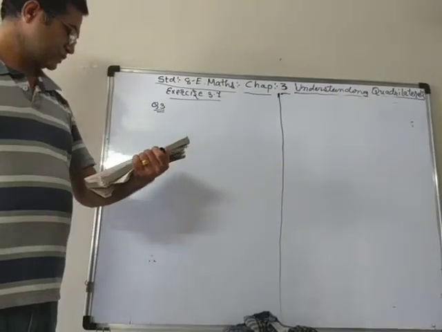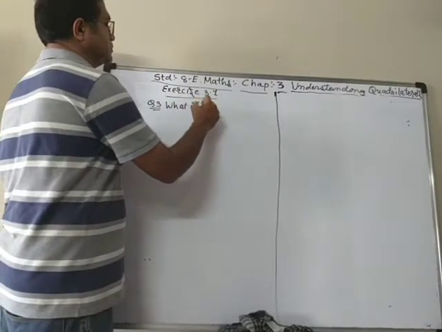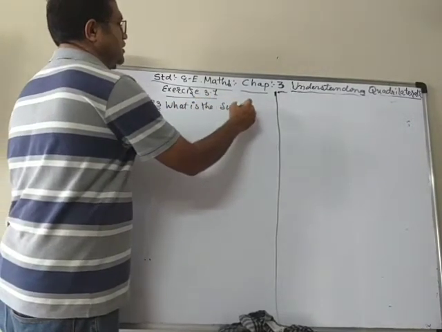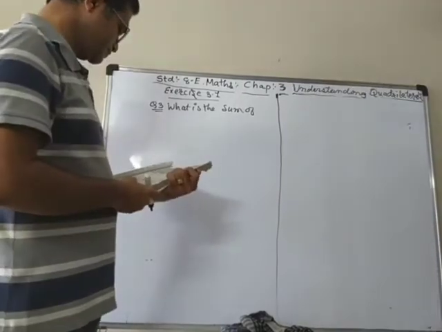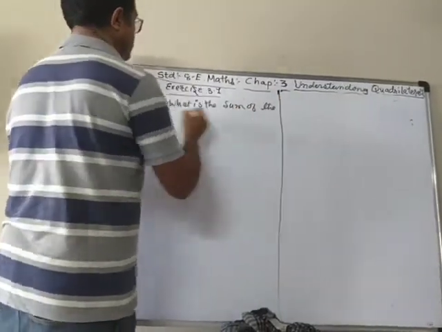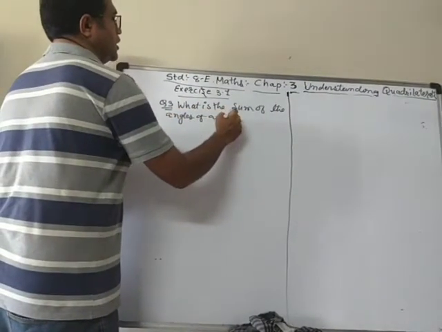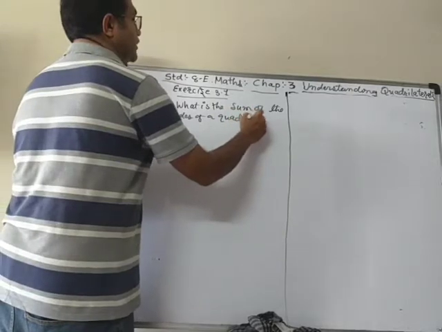Number 3. It says, what is the sum of the angles of a quadrilateral?